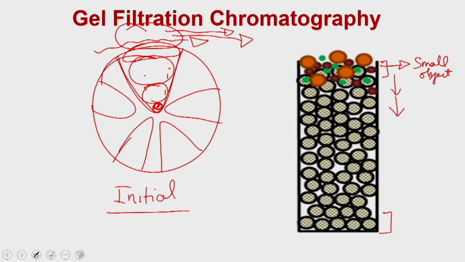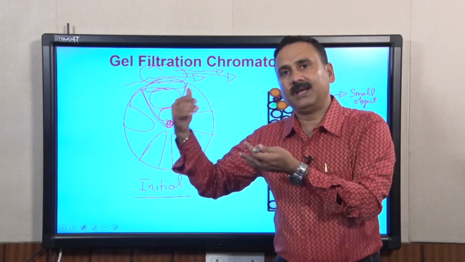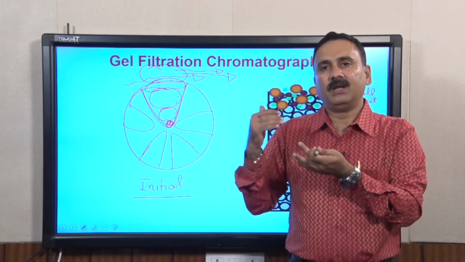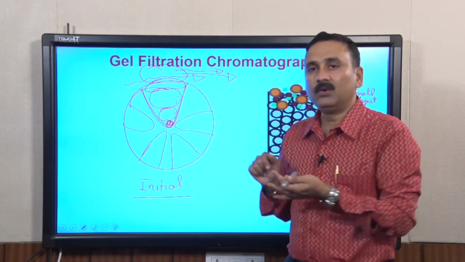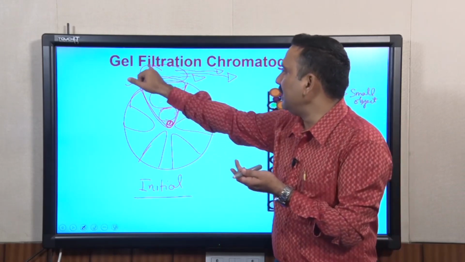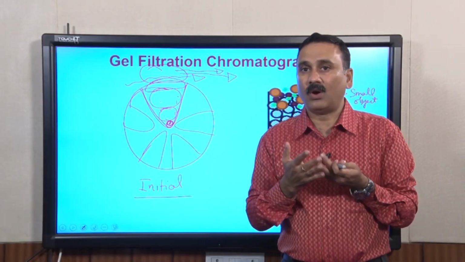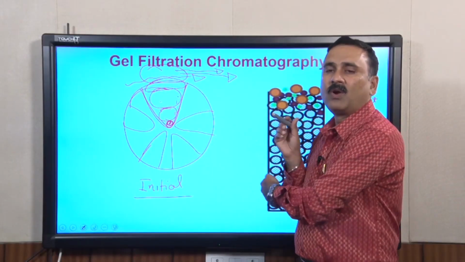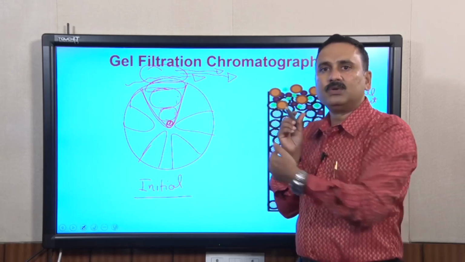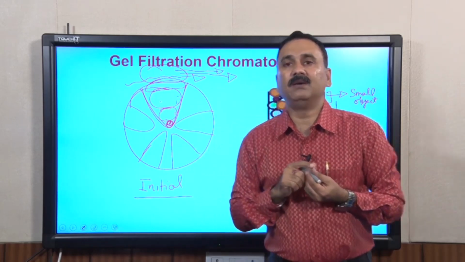By the time the next molecule tries to fill into the same pore where the already existing molecules are present, it will get over and flow by the liquid, and then it will get exchanged into the next layer, and in the next layer it is going to sit like this, and then in the third layer it is going to have this, and ultimately the last layer is where the molecules are going to be excluded because they will not enter. That is why they will come out from the aqueous phase and come out from the column, and they will be present in the flow through.